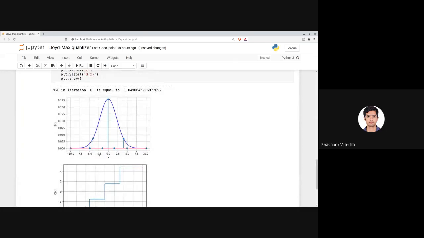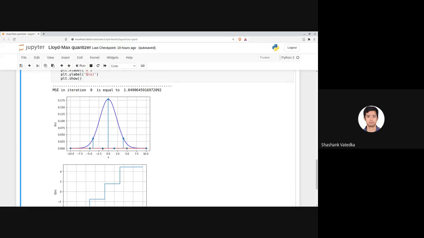So if I run it for one iteration, this is the quantizer that I get. The xi hats are something close to -5. The second point is something like -2, and then 2 and 5.